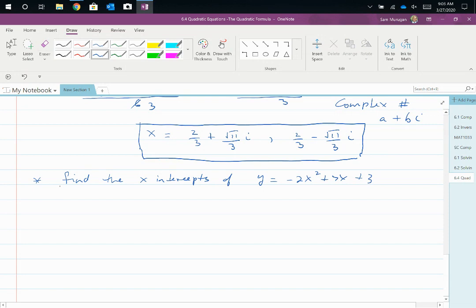So remember that to find x-intercepts, set y equal to 0. So we've got negative 2x squared plus 7x plus 3 equal to 0.